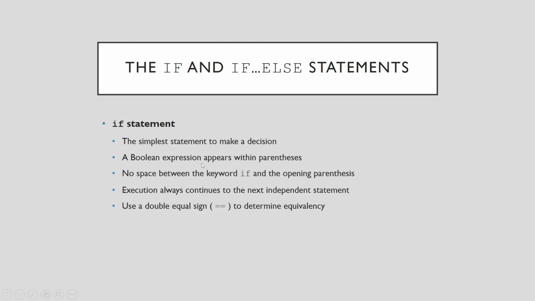In a Boolean expression, you may use the equal sign for determining the equivalency. Remember, the equal sign, not the assignment operator. So there must be two equal signs here. If it is only one equal sign, then it is not to determine the equivalency. It's an assignment.